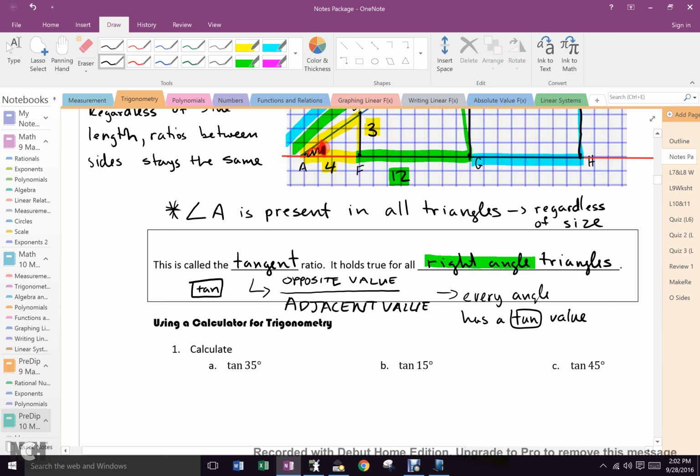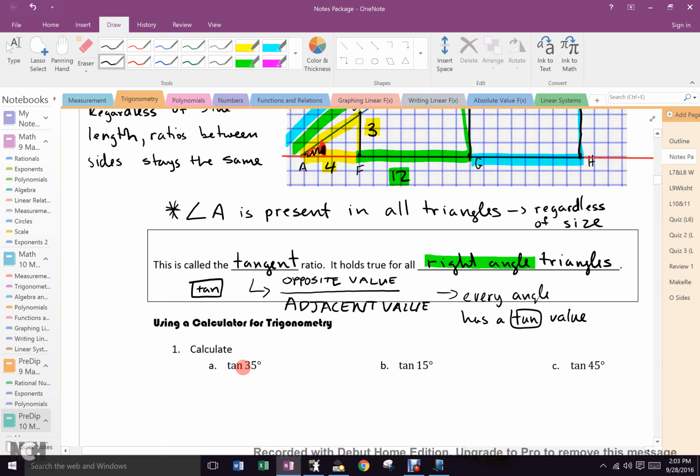Every other angle will have a different value. Understand? And that makes sense, doesn't it? Because as I change the angle, I'm going to change the distance of the opposite, aren't I? Right? Everybody cool? So, that's the theory.